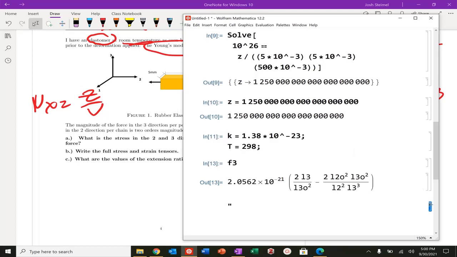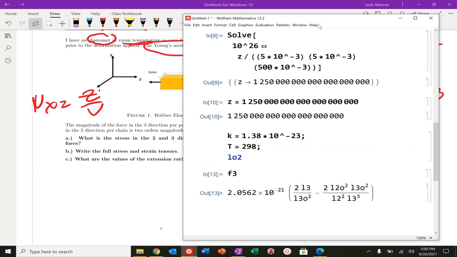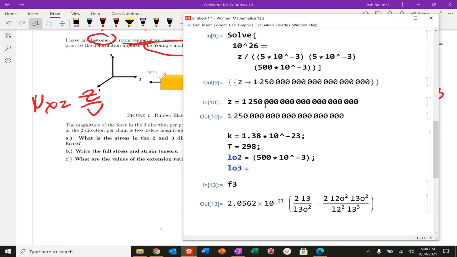Let's define L naught 2 is equal to 500 millimeters, and my L naught 3 is equal to 5 millimeters. So there we go. Or L3 naught, excuse me. L2 naught, L3 naught.